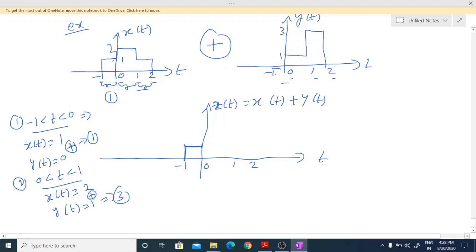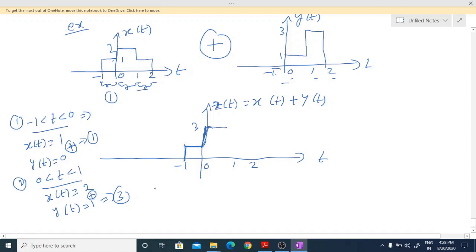So in between 0 to 1, the corresponding amplitude is equal to 3. So this is 1, this is 3.